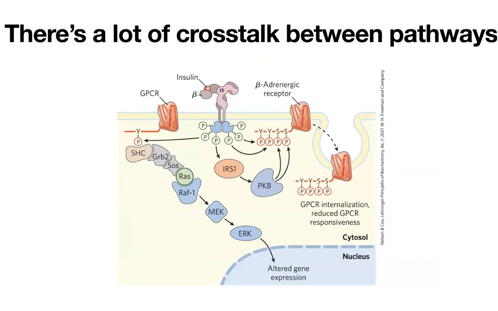There's also a lot of crosstalk between the pathways. So the insulin receptor can phosphorylate the beta adrenergic receptor. IRS1, which was acting through PKB, could phosphorylate the beta adrenergic receptor. All those things are able to control the internalization of those receptors.